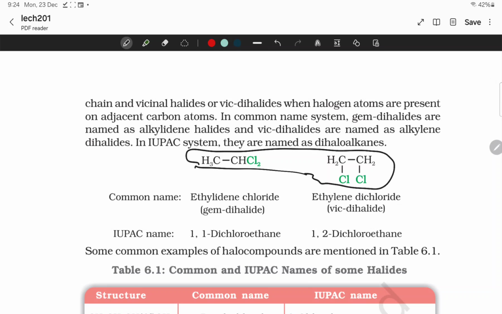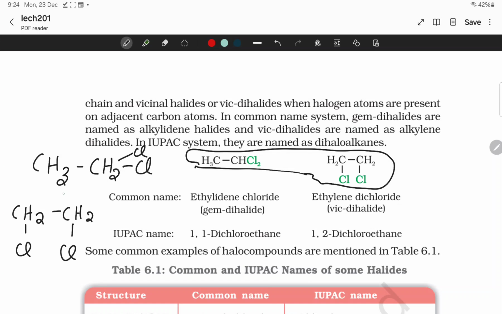Look here. If there are two halogen atoms in a compound, then it's called a dihalogen compound. In a dihalogen compound, it is possible that both chlorine atoms are attached to one carbon, or they can be attached to different carbons. These two are possible, right?